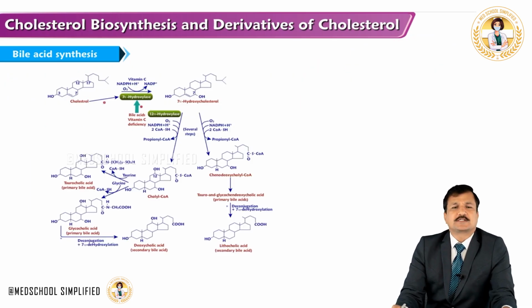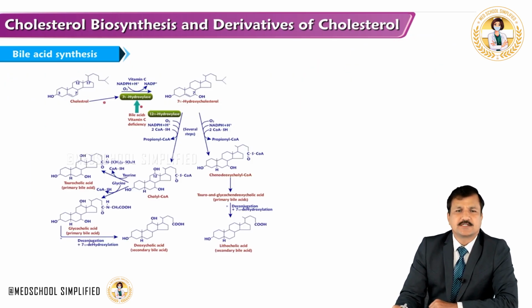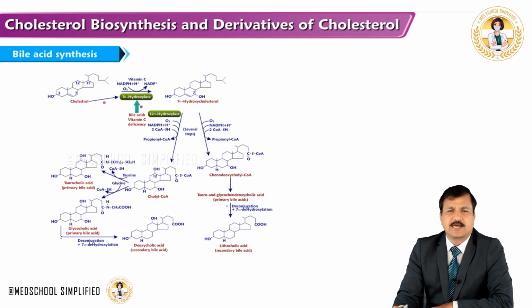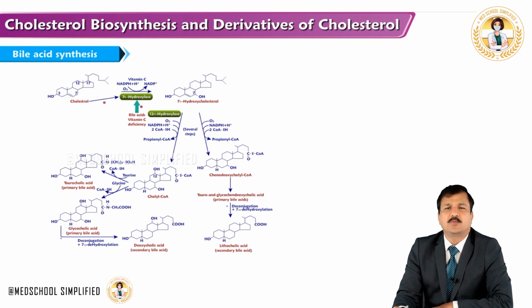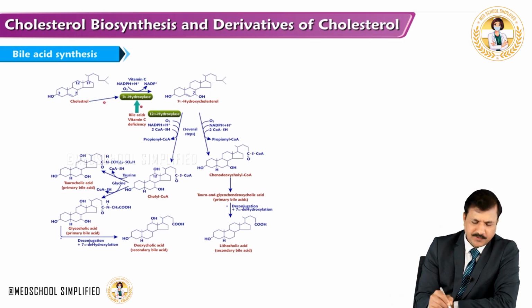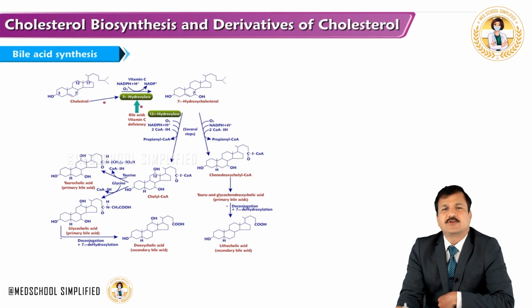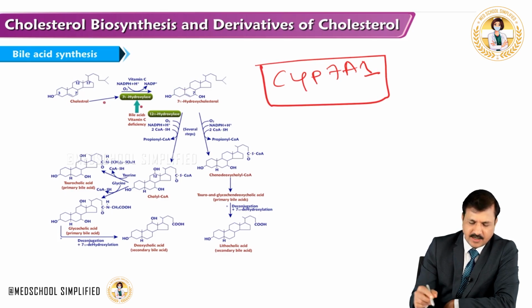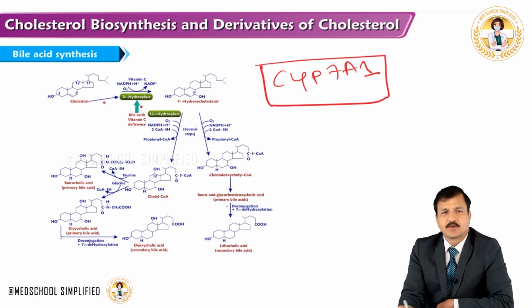Cholesterol is diverted into bile acid synthesis by the enzyme 7-alpha hydroxylase. It is a cytochrome P450 monooxygenase enzyme which belongs to the cytochrome P450 CYP7A1 subclass.